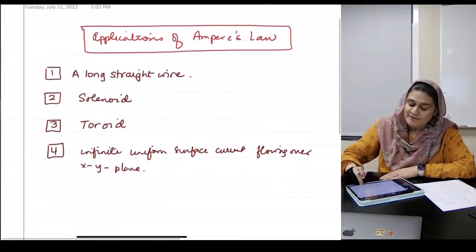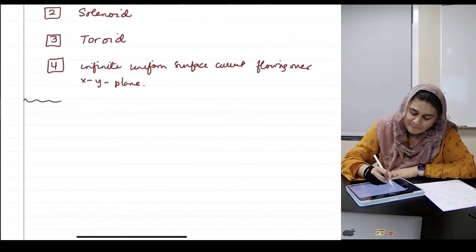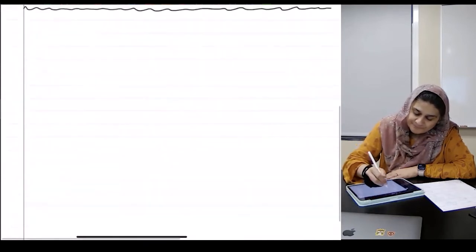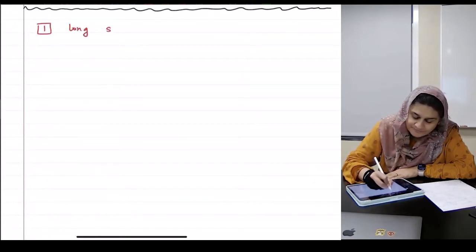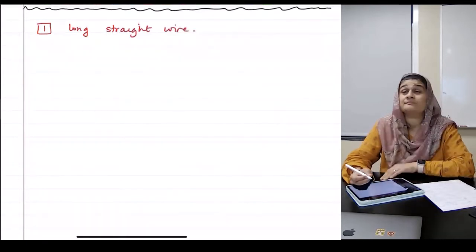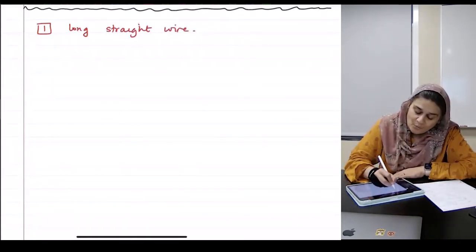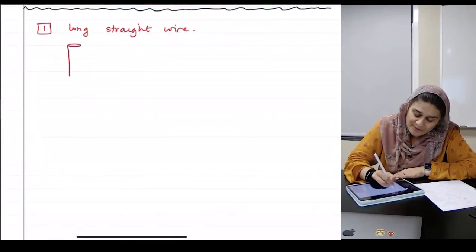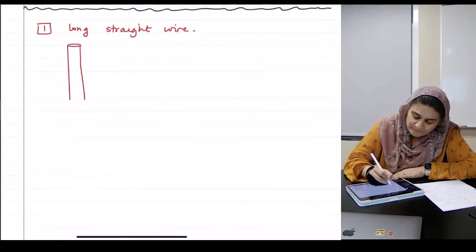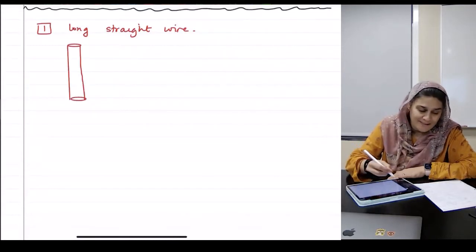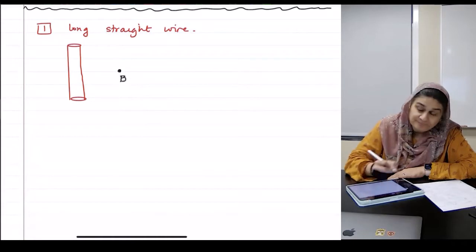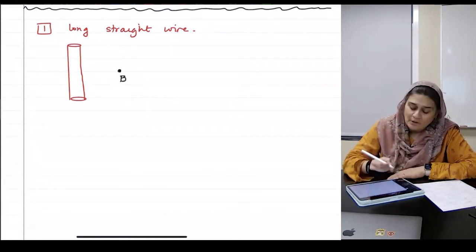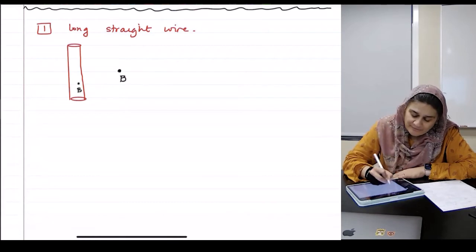Okay, let's start with number 1. A long, straight wire. When we have a long, straight wire, I can find the B field here or a B field here.